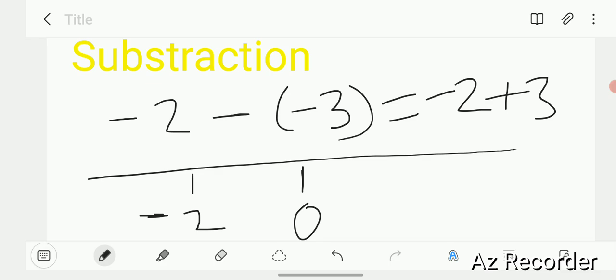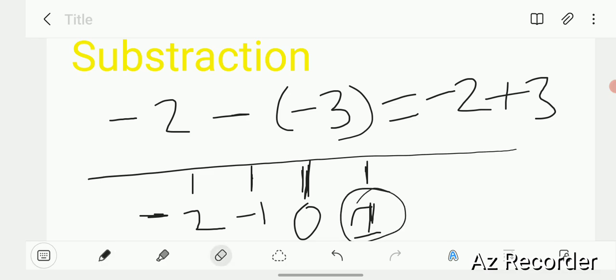Plus means always you have to go 3 steps towards the right. First step you will be standing at -1, second step you will be standing at 0, third step you will be standing at 1. Both by the normal calculations and by the number line we get the answer, that is 1.